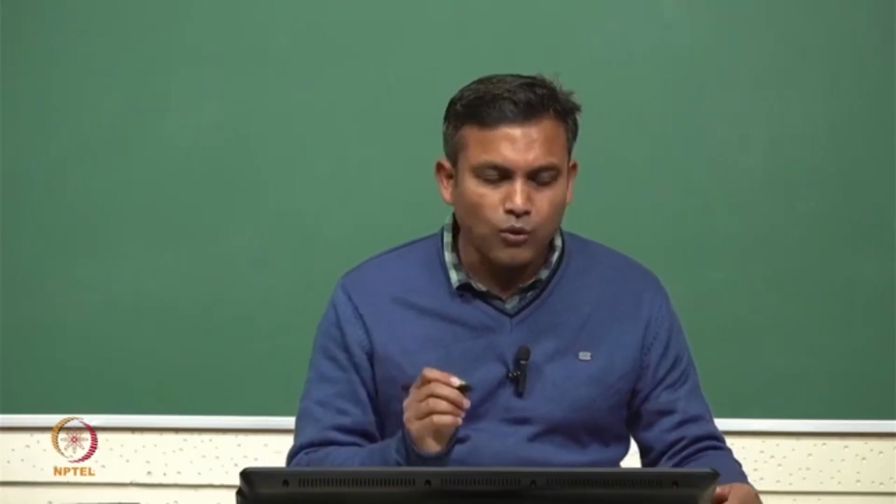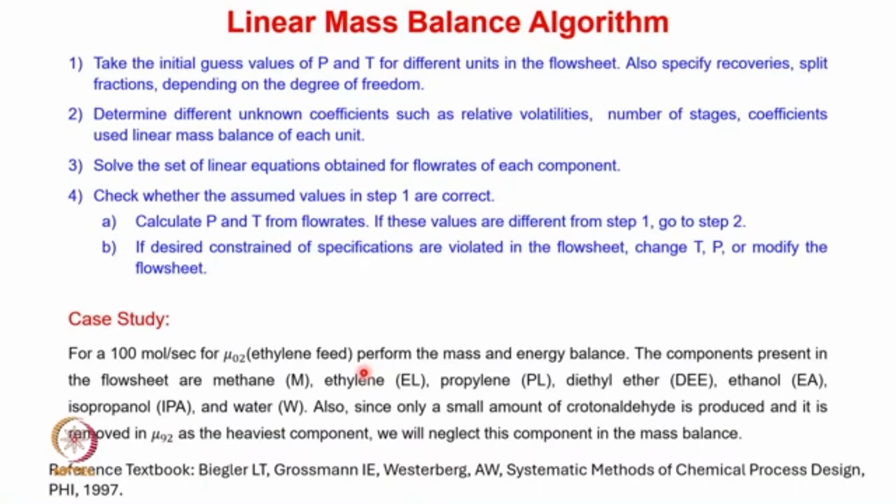So typically how we solve each of these units is we take the initial case of pressure and temperature for different units in the flow sheet. Also we specify the recoveries and split fractions depending on the degree of freedom. Then we determine the different unknown coefficients such as relative volatilities. We also find out the number of stages and coefficients used in the linear mass balance of each unit.